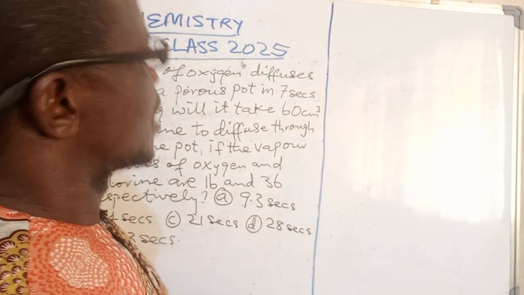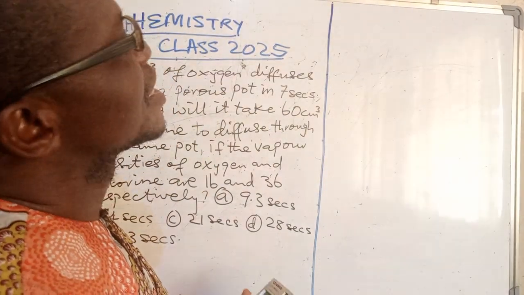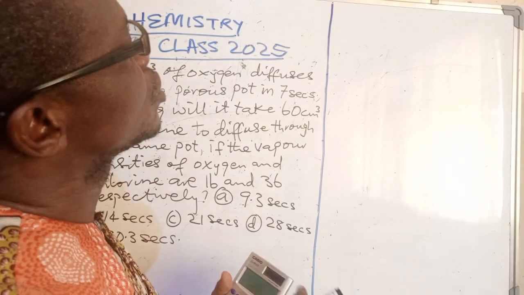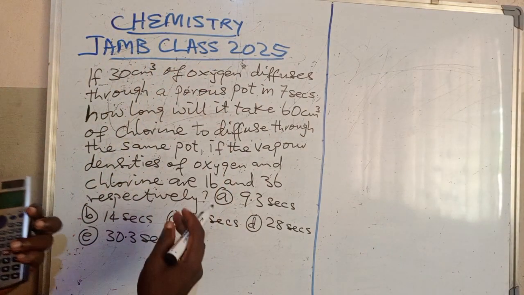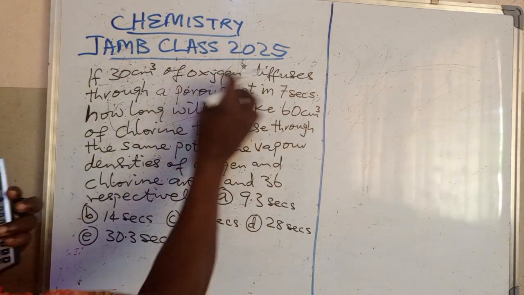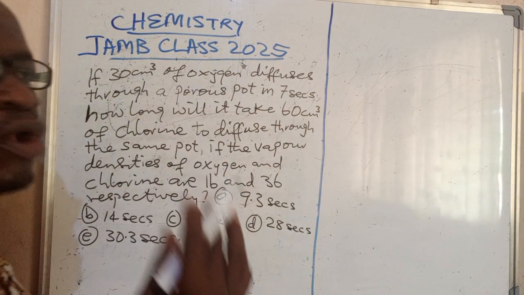Now, this topic is from Graham's law of diffusion. The simple method I like introducing to my students is that when you see a question like this, check for the gases. When they mention two gases, take note of which one comes first.